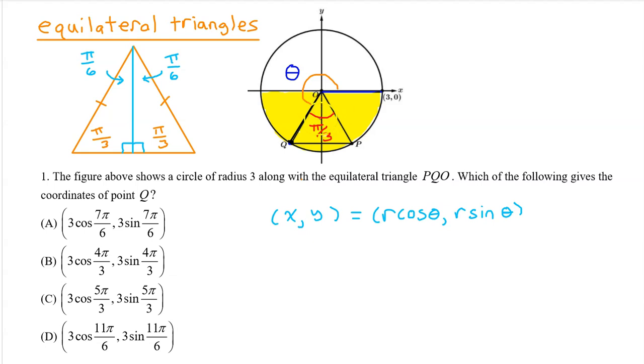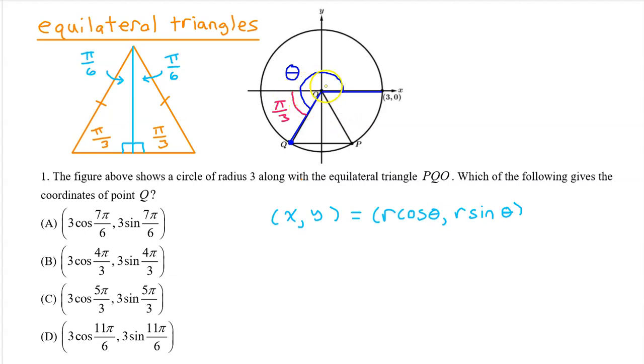So if this middle angle is 1/3, that means that each of the other two angles must be the other 2/3. So this angle over here is also pi over 3, and this angle over here is also pi over 3. Together they make 3 pi over 3. That's pi.